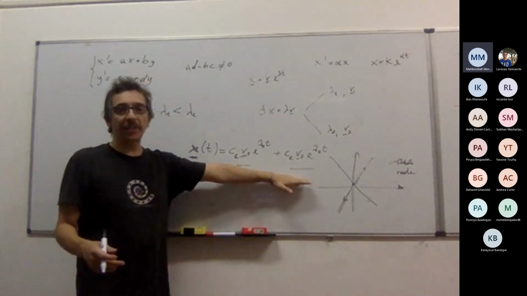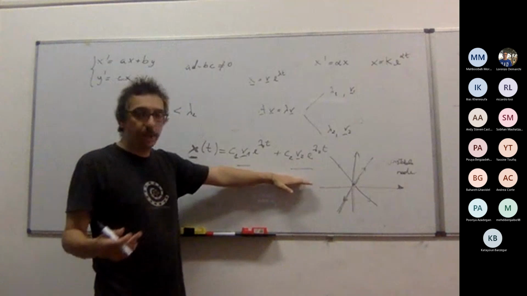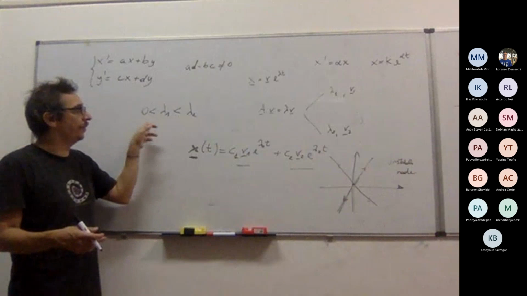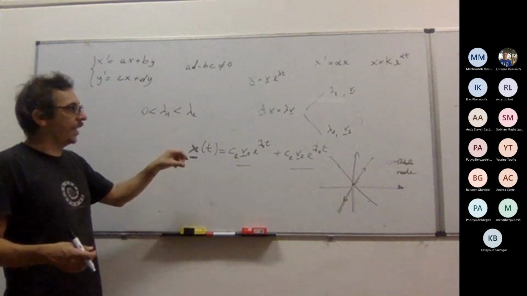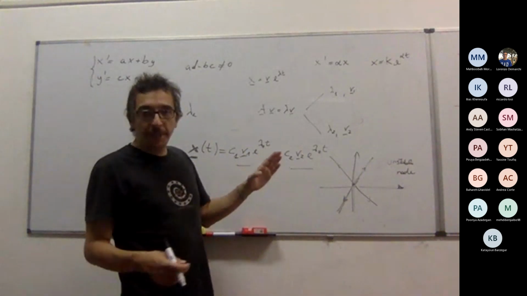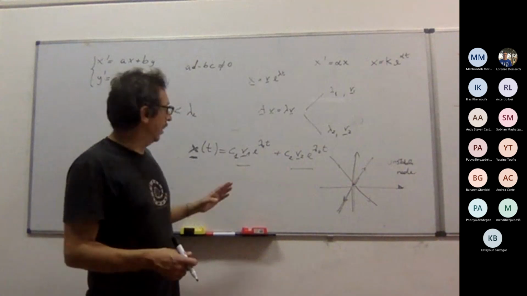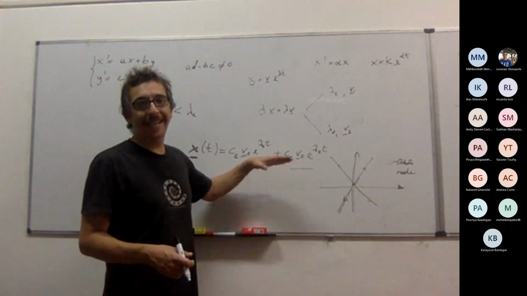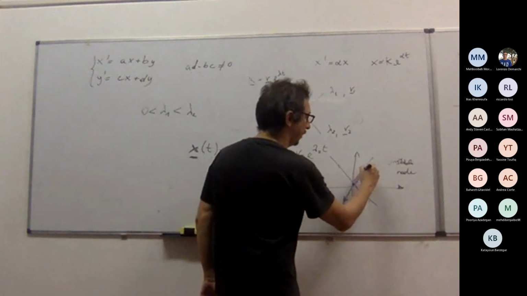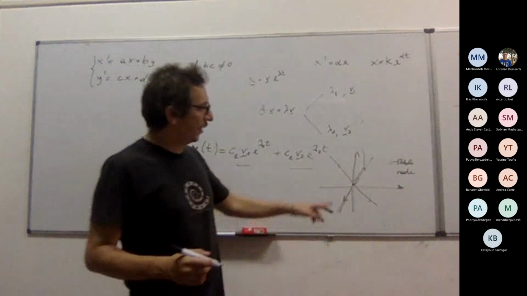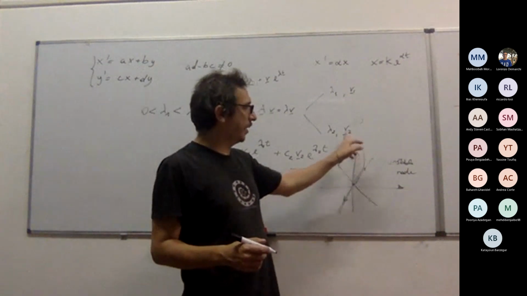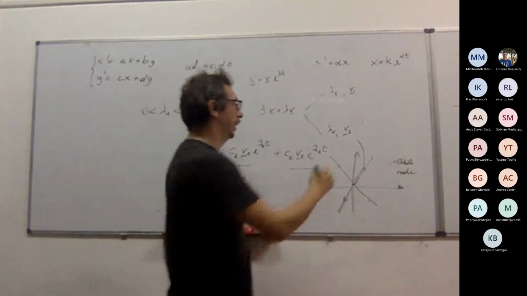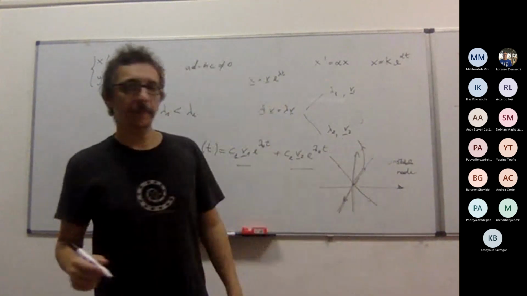Any other orbit is some combination of these two. How is the combination going to be? Well, this depends on the fact that lambda 1 and lambda 2 have some specific relation between them. So we say that a general orbit will start parallel to V1 and then approach a solution which is parallel to V2, something like this.